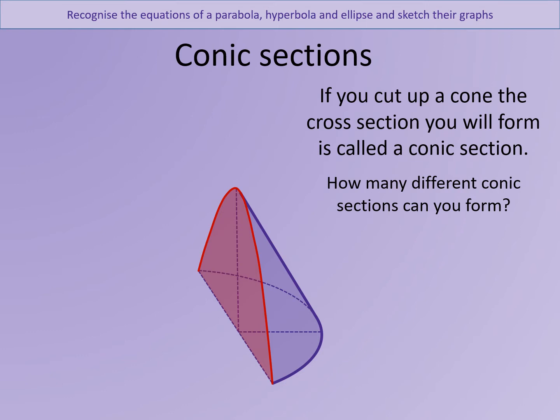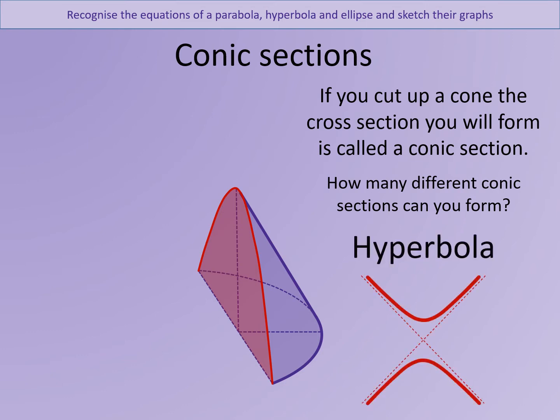Cutting down vertically gives us part of a hyperbola. The second part would come from an inverted cone above this cone.